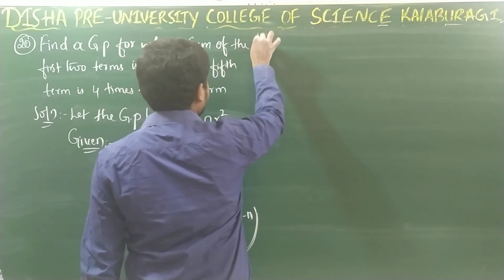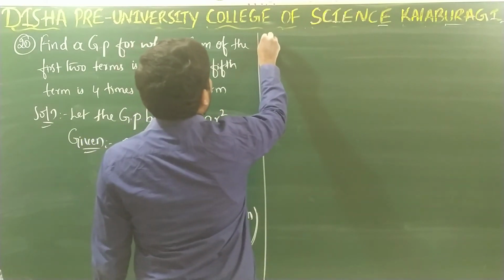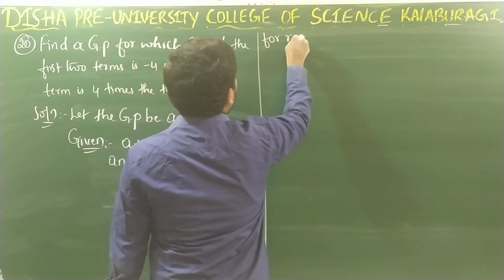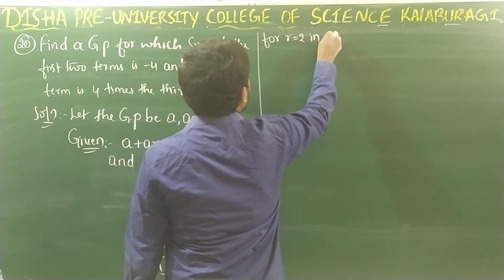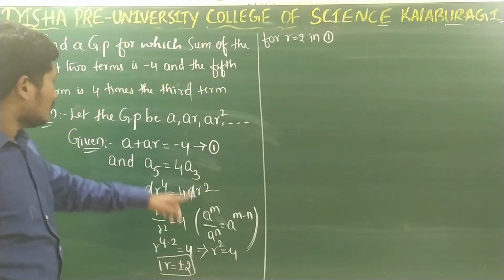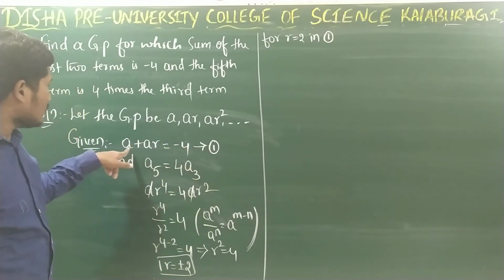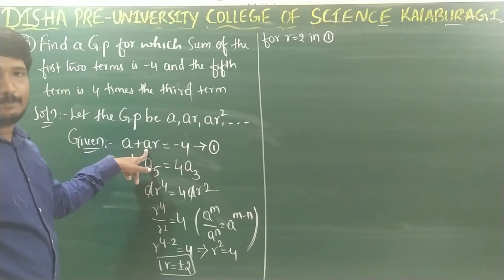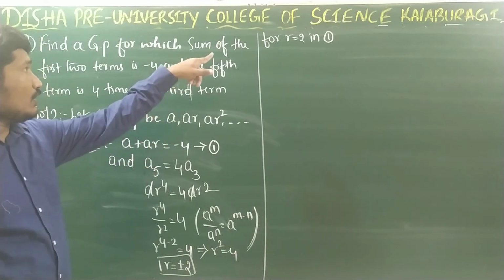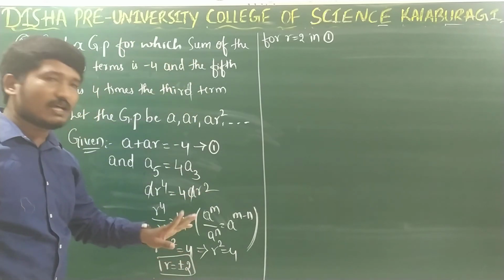So see, for r is equal to 2 in equation 1, I am substituting the value of r in equation number 1 so that I will get the value for a. First I will consider plus 2.